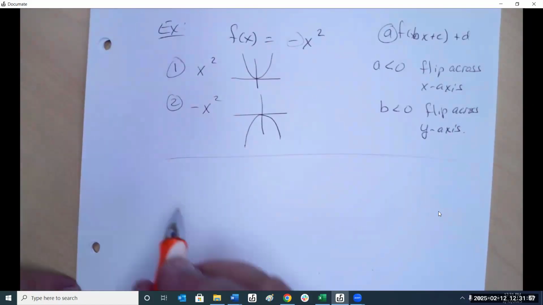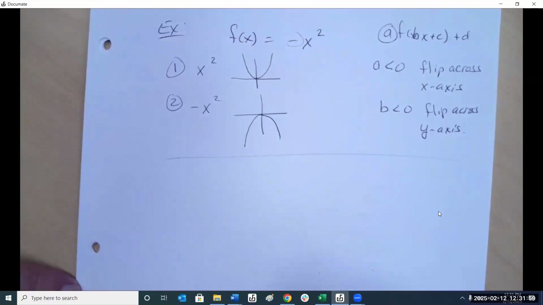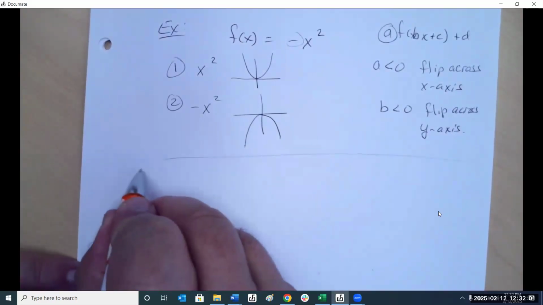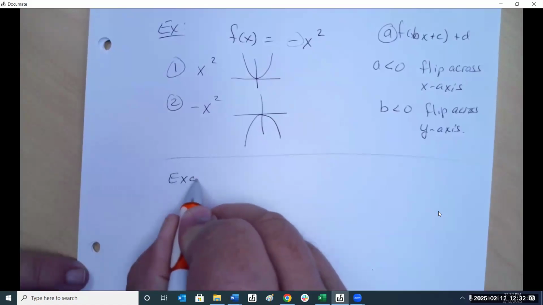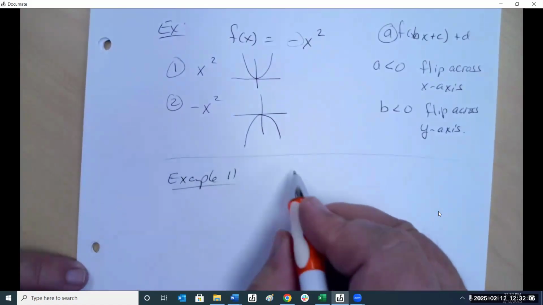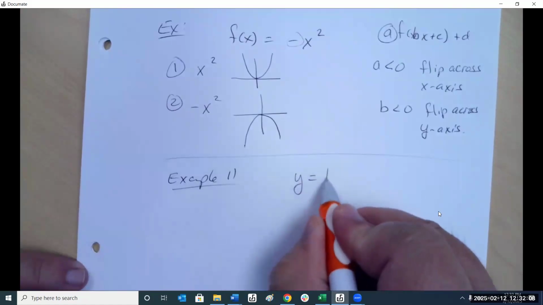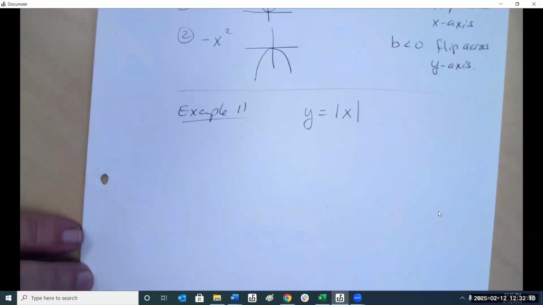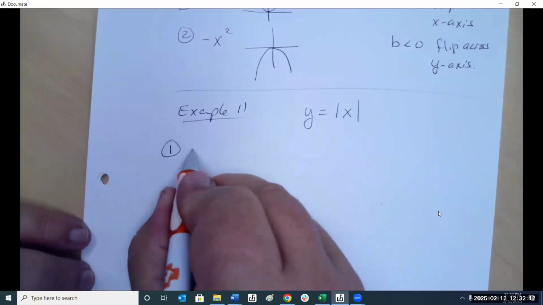That's boring. Okay, here's one. Here is your function. Here are your directions.